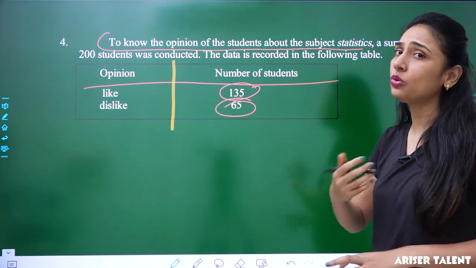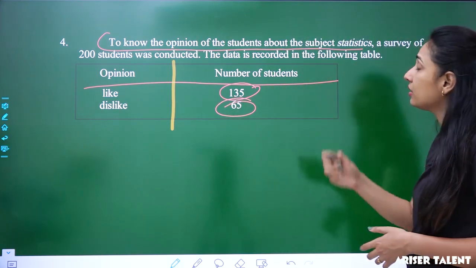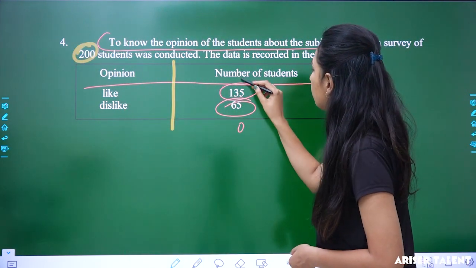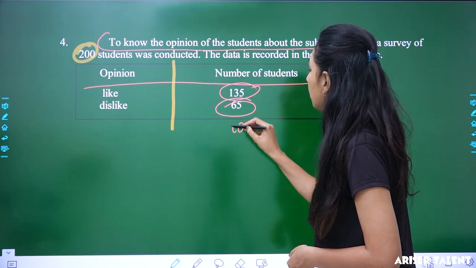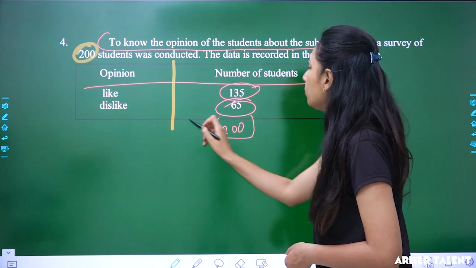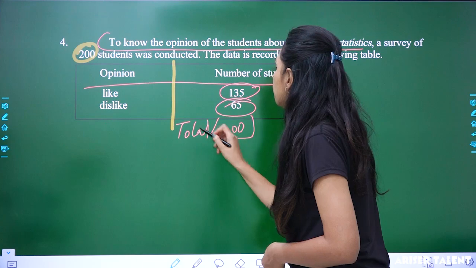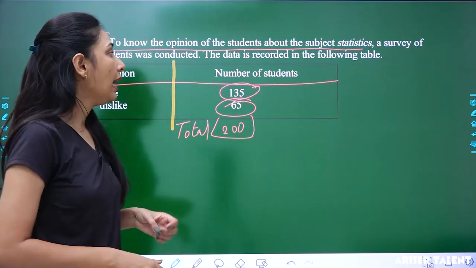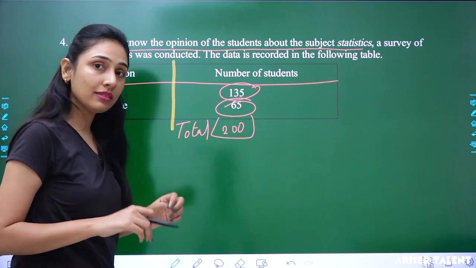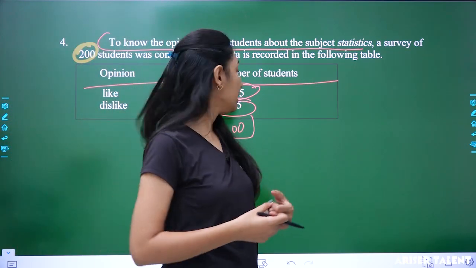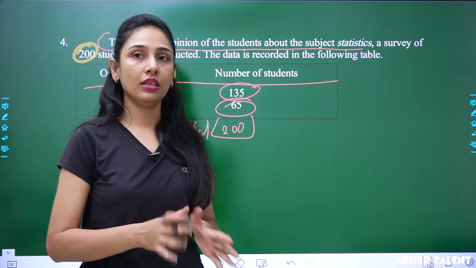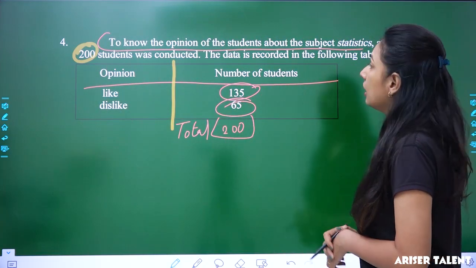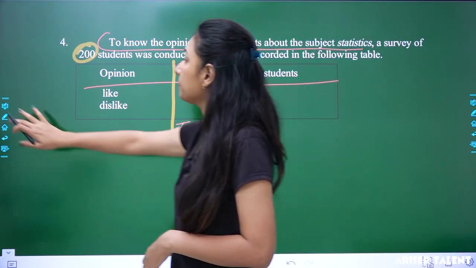That means there were some total number of students. How many students? 200 students in total. You can see here that this is also going to be total number of students equals 200. So 200 students were there in the survey, and 135 liked statistics and the other 65 do not like it at all.